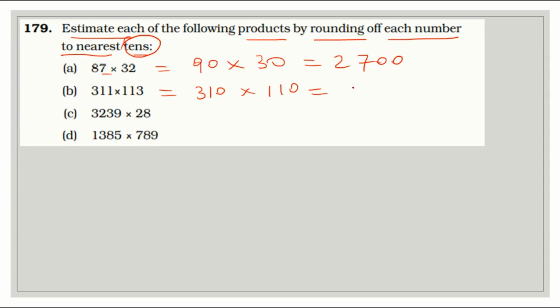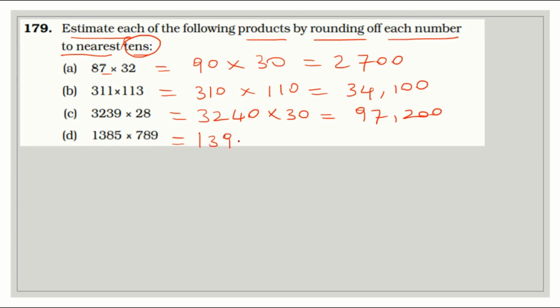So their product is 34,100. 3,240 becomes into 30 gives you 97,200. 1,390 it becomes and 790. Their product is 10,98,100. So this is the product.